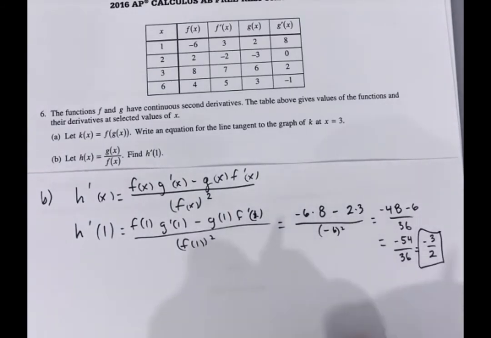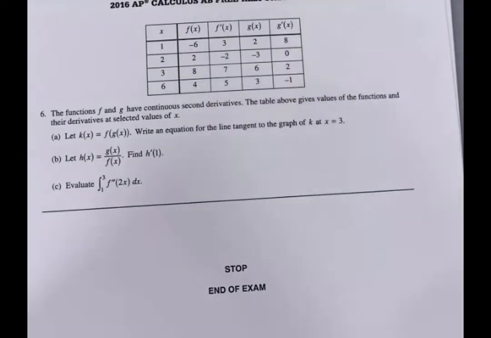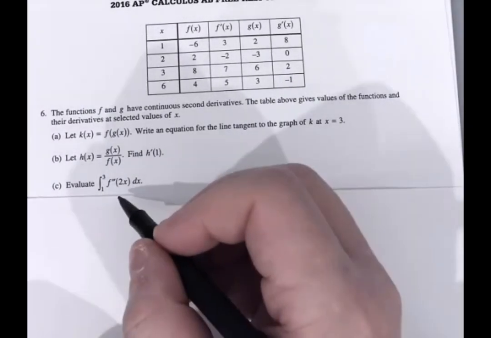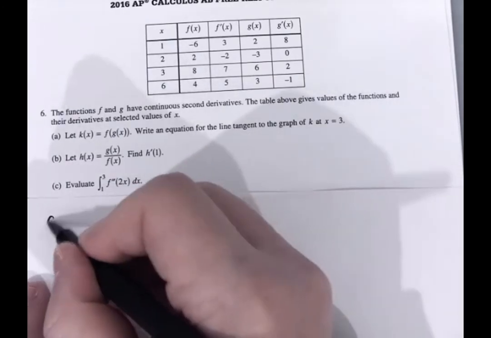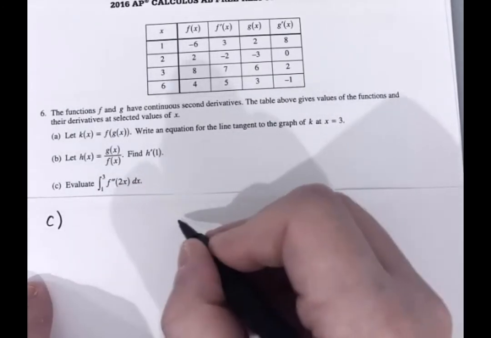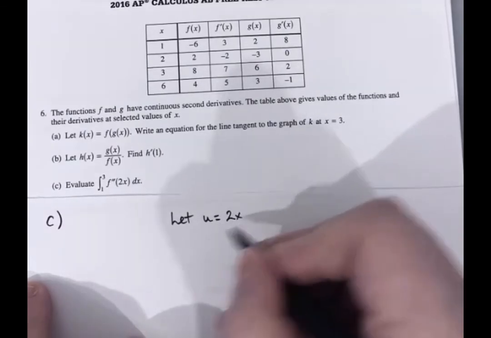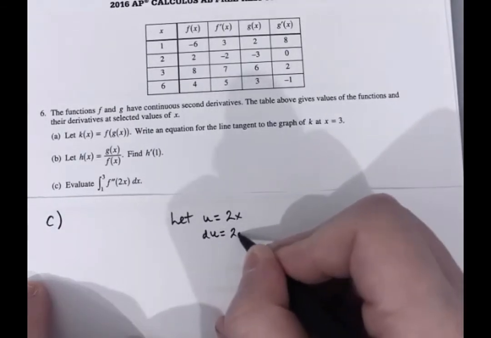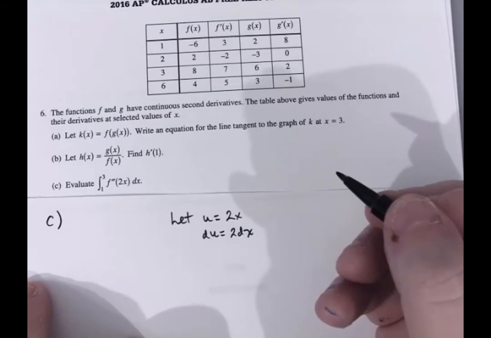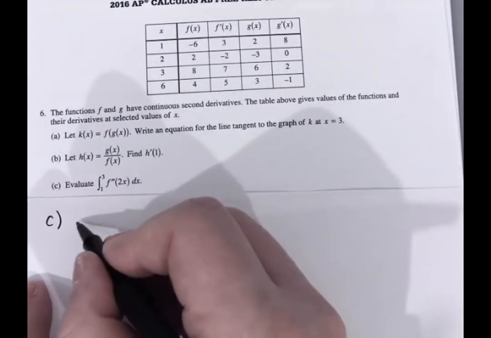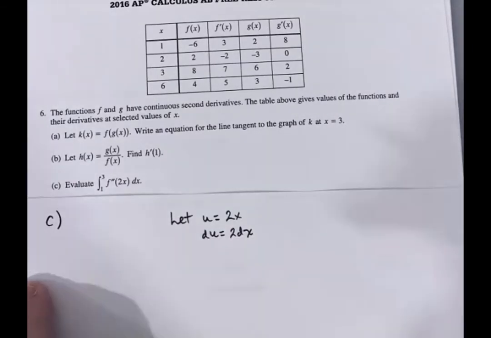Okay, last part now, moving on to part C. Part C asks us to evaluate the integral from 1 to 3 of f double prime of 2x. I'm going to do a quick u substitution here. I'll let u equal 2x, so that du equals 2 dx.